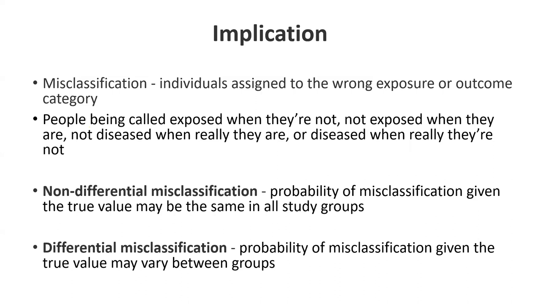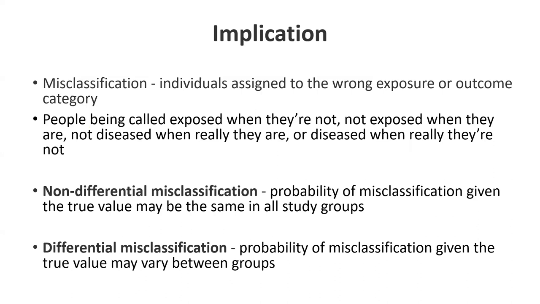Differential misclassification means the error in recording the exposure or the outcome is happening in one group only and not in the other group. So when you are reading literature, you should see whether the information bias is focusing only on a particular group, the intervention or the control group, or is likely to happen in both groups equally.